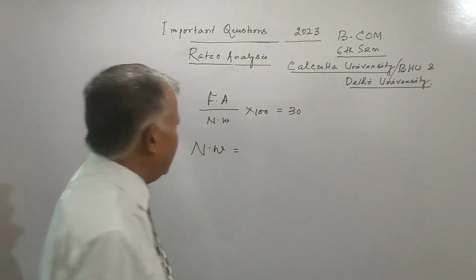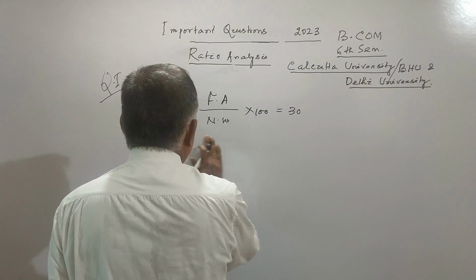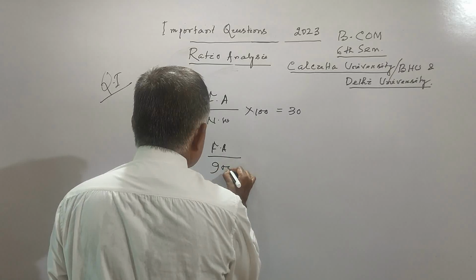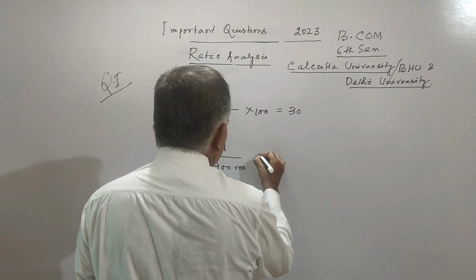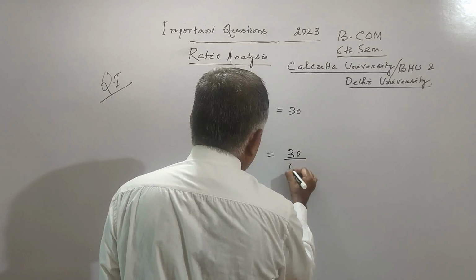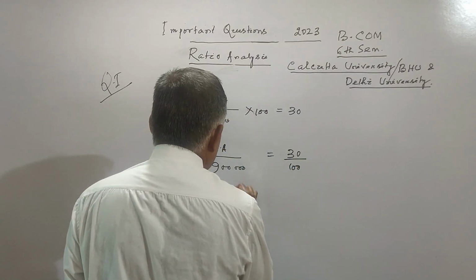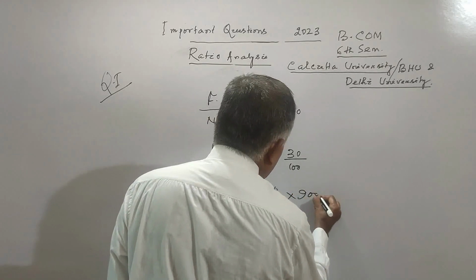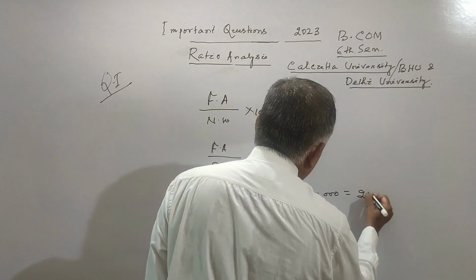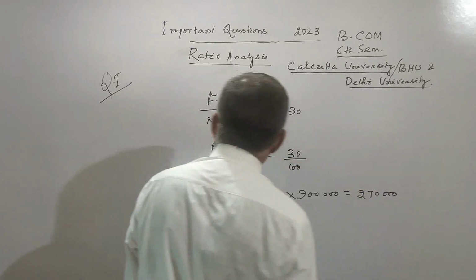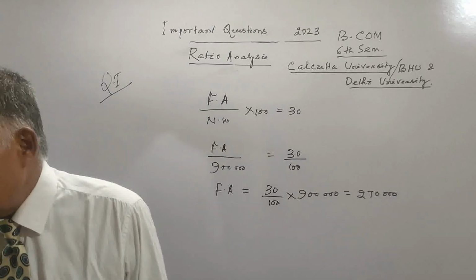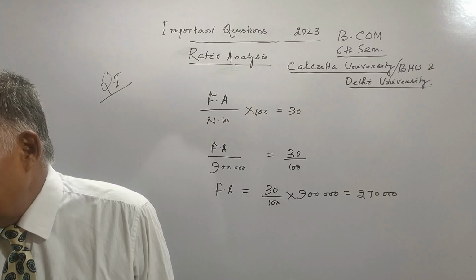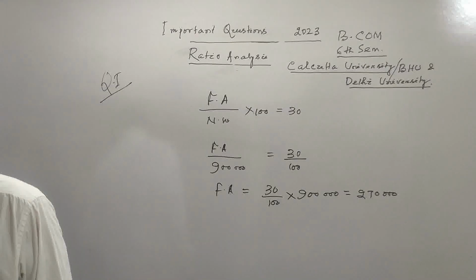Net worth is given as 9 lakh. So fixed asset is equal to 30 by 100 into 9 lakh. It comes to 2,70,000. So this is your fixed asset, 2,70,000. So all the information is now with us.